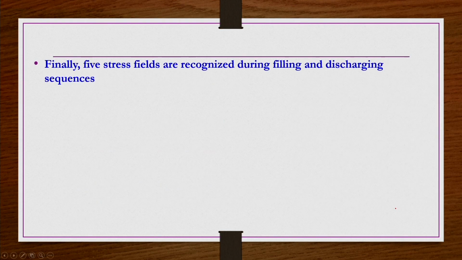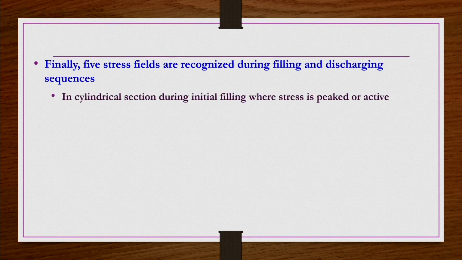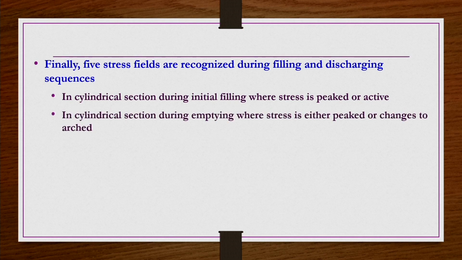Finally, what we see are 5 stress fields during the filling and discharging sequences of a silo where a simple mass flow pattern is taking place. Once again to recapitulate: in the cylindrical section during initial filling, the stress is peaked or active. Then again in the cylindrical section, but during emptying, the stress is either peaked or changes to arced, because when the material is drawn out, whatever lateral movement is taking place at the bottom rapidly moves up.